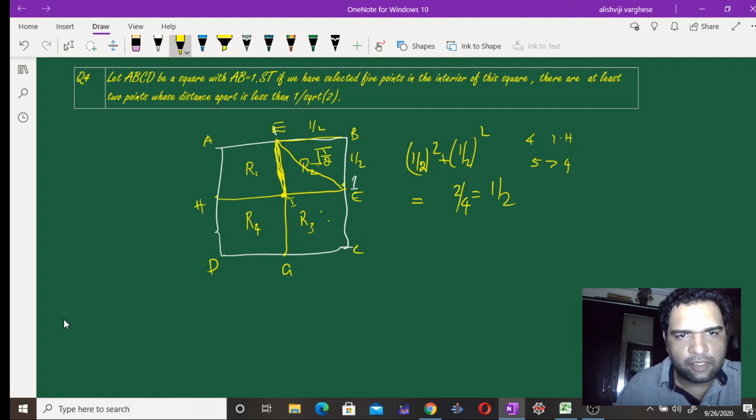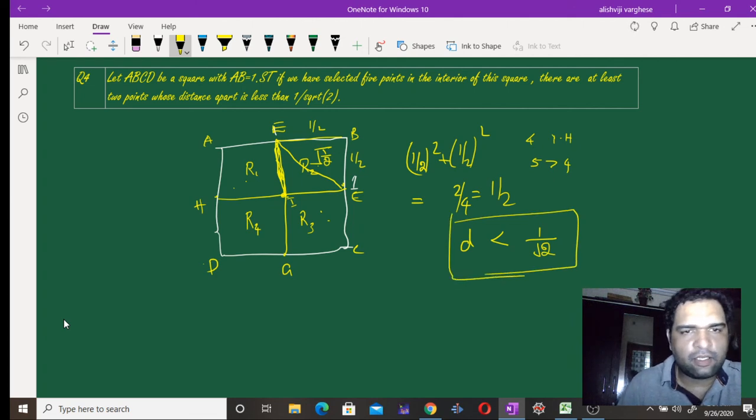The maximum distance possible inside this square is 1 by root 2, and if we have at least one square in which we have 2 points, the distance between those 2 points is less than 1 by root 2.